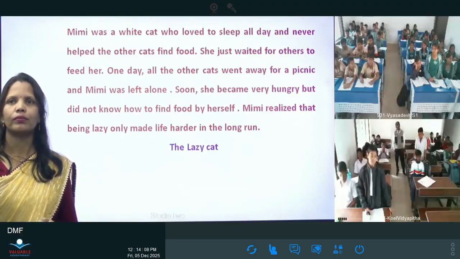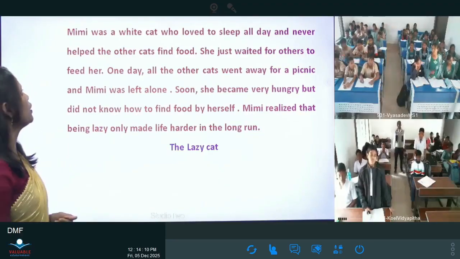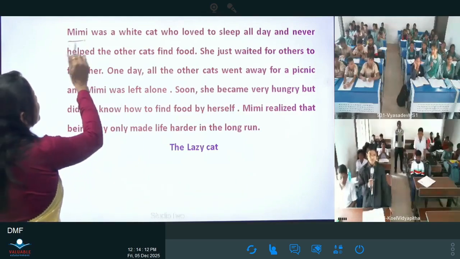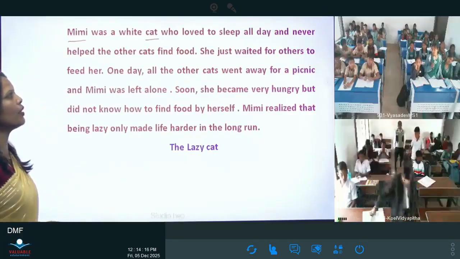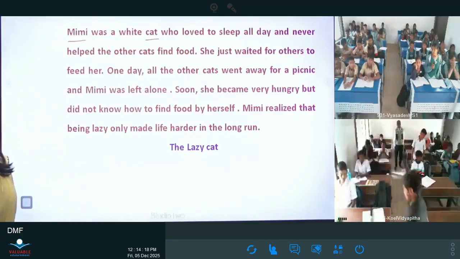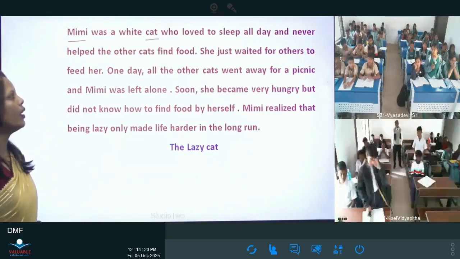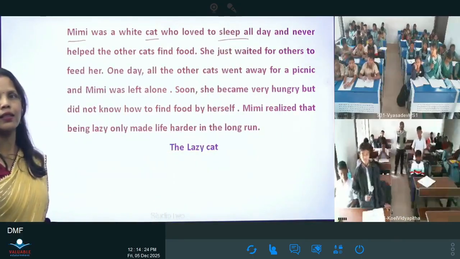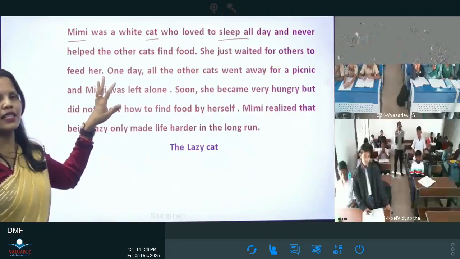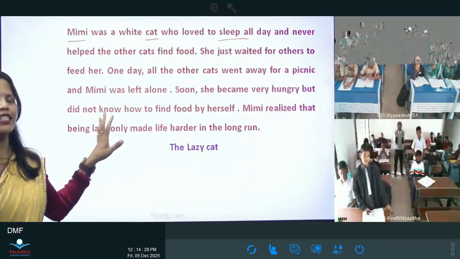What are the main points? Mimi will come, right? Okay. And what else? She always sleeps. Okay. She always sleeps. Means that is a lazy cat. Okay.